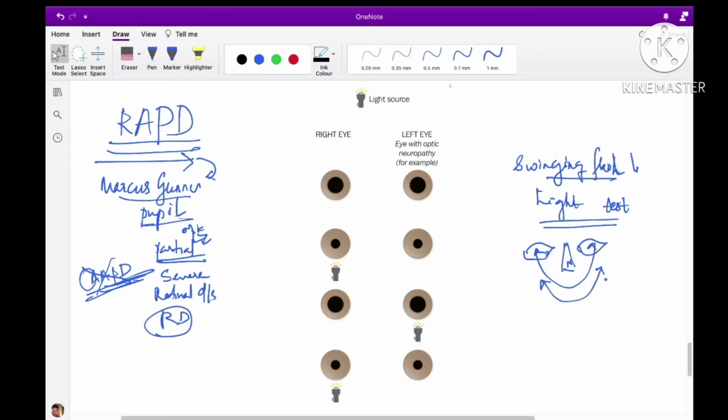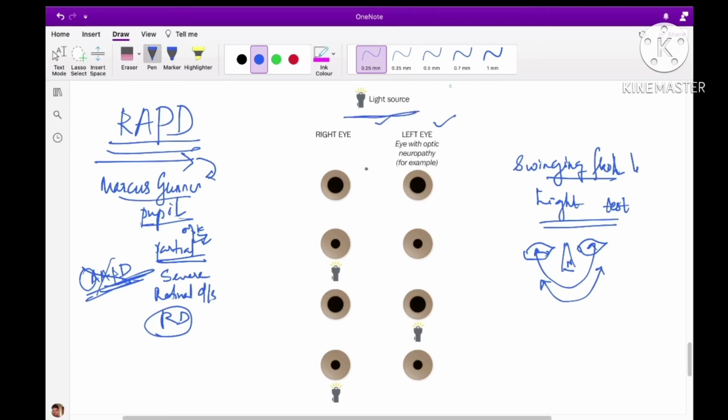Okay, what is the mechanism behind it? The optic nerve of the defective eye gets fatigued easier. That is what happens. So earlier fatigue of the partially lesioned optic nerve, that is what happens. So this is the background illumination that you give.